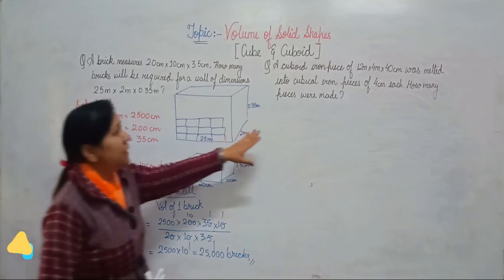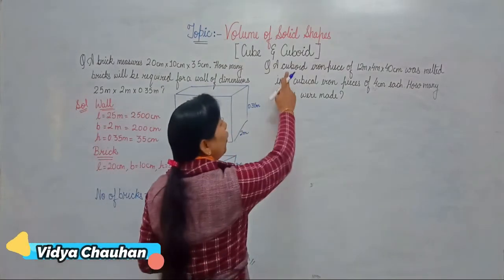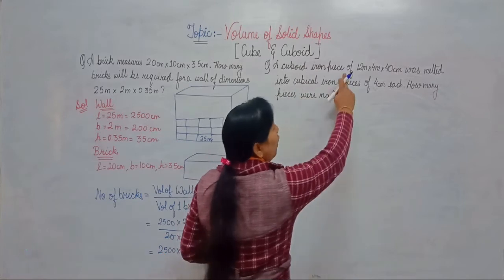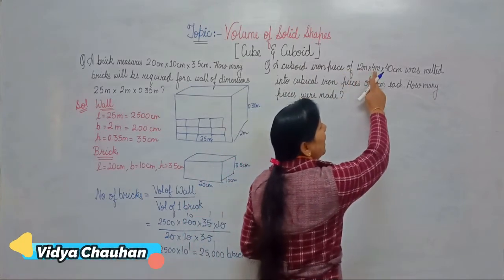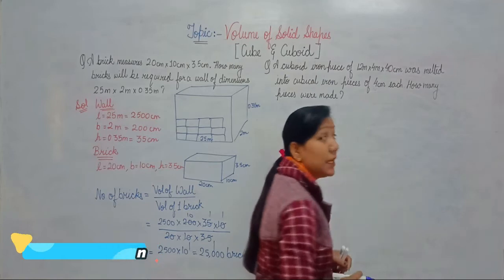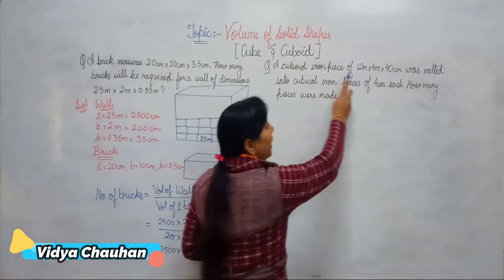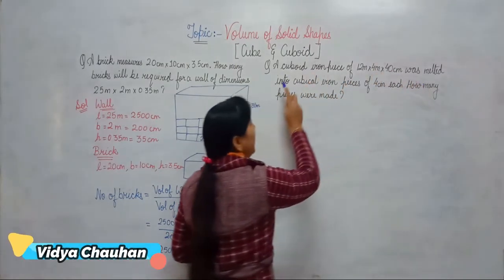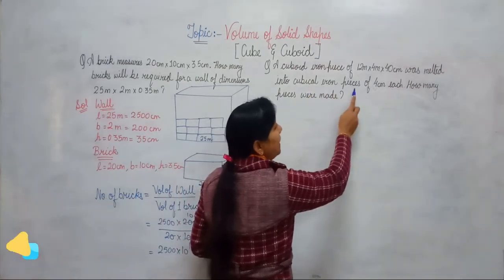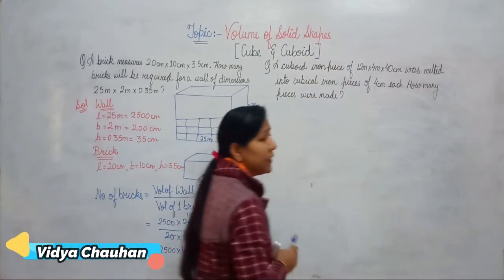Clear? Coming to the second question, in which there is a cuboid iron piece of dimensions 12 meter by 4 meter by 40 centimeter, and this iron piece was melted into cubical iron pieces of 4 centimeter each.